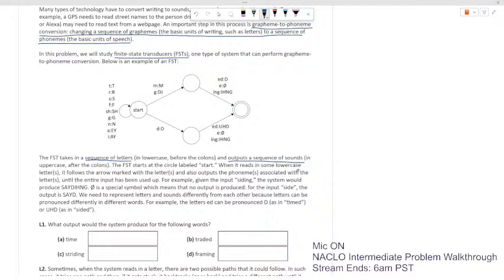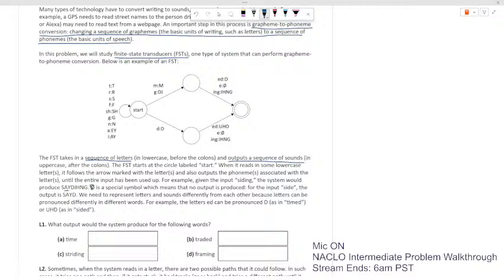When it reads in some lowercase letters, it follows the arrow marked with the letters, so here or here, and also outputs the phonemes associated with the letters until the entire input has been used up. For example, given the input siding, the system would produce sading. Siding, okay.